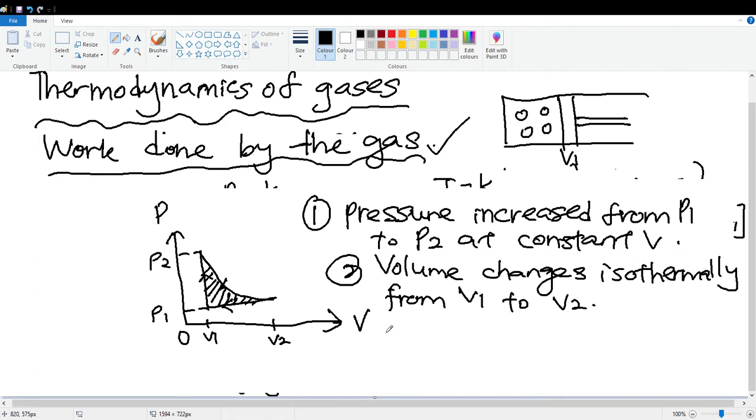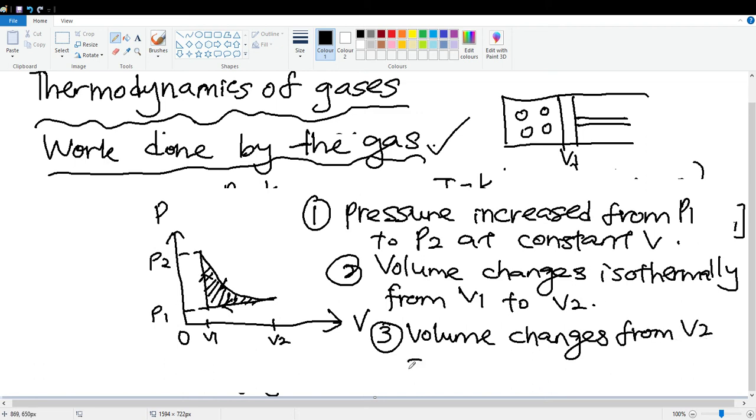As for the third one, I can say that the volume changes from V2 to V1 at constant pressure. So these are examples of the statements which the question will state.